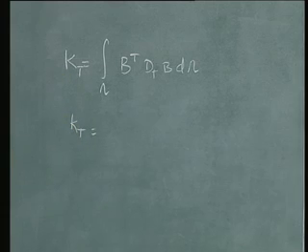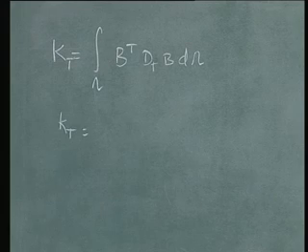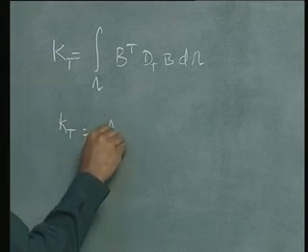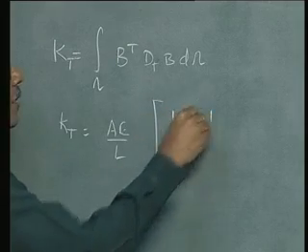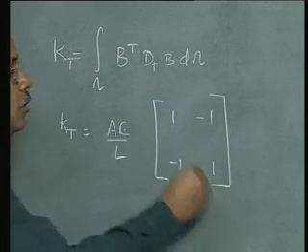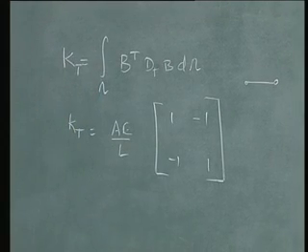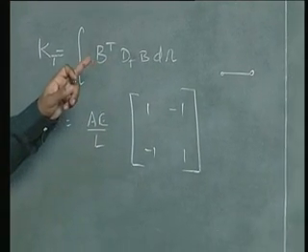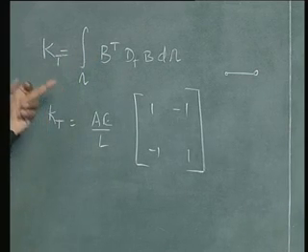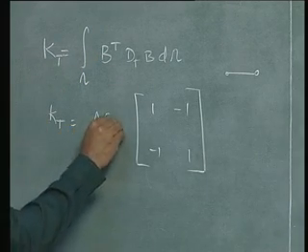for a one dimensional case now can be written as, what was it before? It was AE by L. In the previous case, it was AE by L times the matrix 1 minus 1, minus 1 1. Note that we are just considering a bar element. In the previous case it was like that, and now since D has been replaced by Dt, E is replaced by its corresponding material parameter Et.